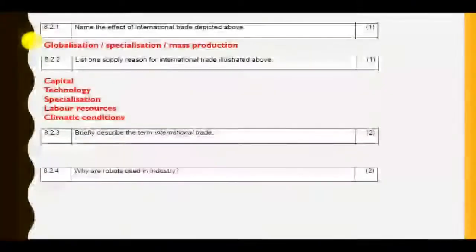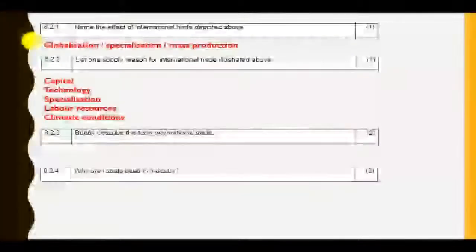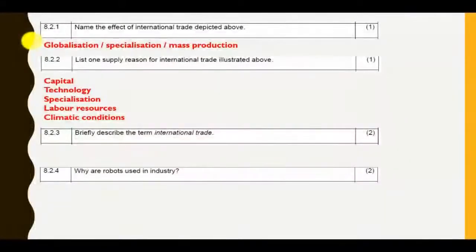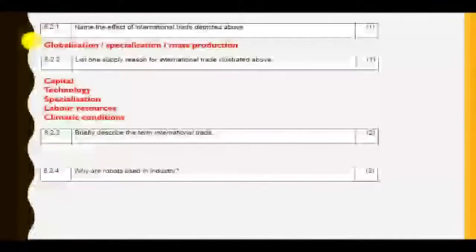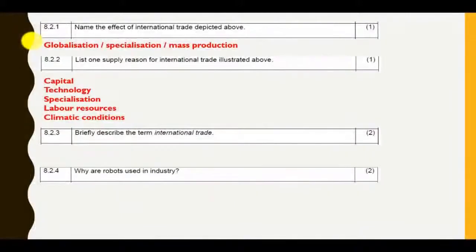You can see that they are using labor in a certain way, not for these tasks, but labor would be used somewhere else, and that is one of the supply reasons for international trade. And climatic conditions is also one of your supply reasons. They only ask you to give one, and the verb is list, so you just need to name one of those.